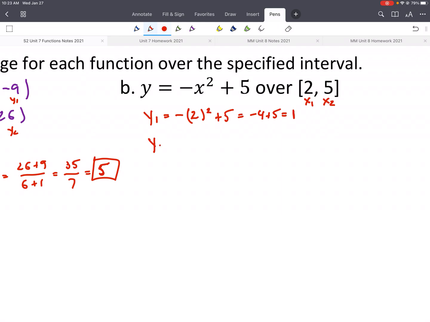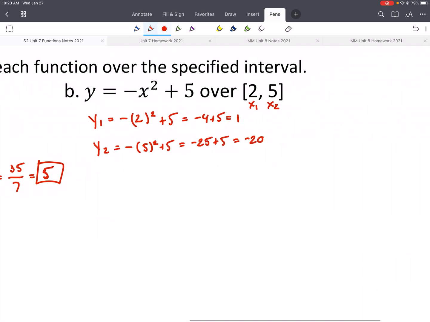And then y2 is negative 5 squared plus 5, which is negative 25 plus 5 equals negative 20. So here, you don't really need to write your points. For me, I already have these labeled. So here I would do y2 minus y1, so negative 20 minus 1 over x2 minus x1. So negative 21 over 3, or negative 7.